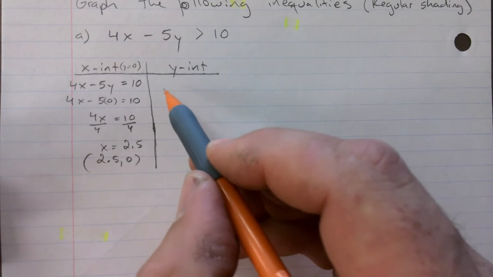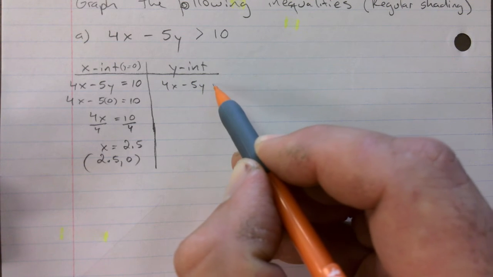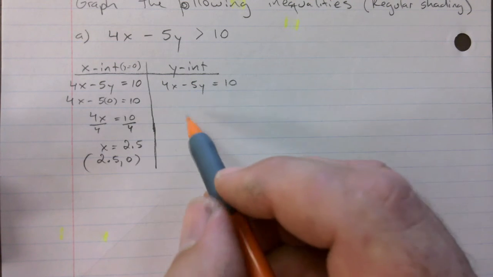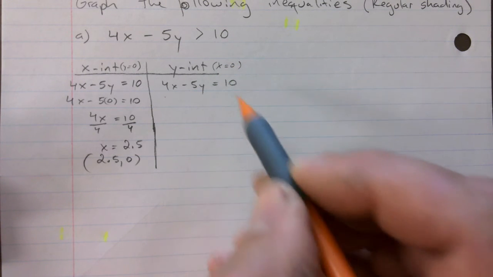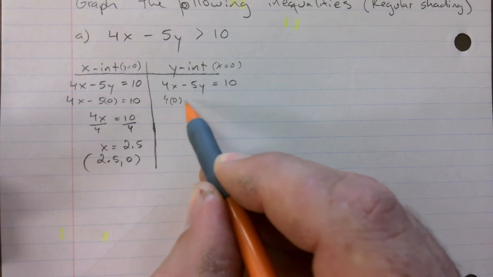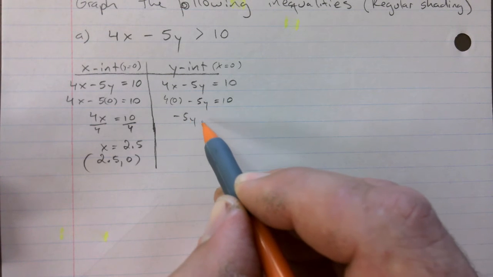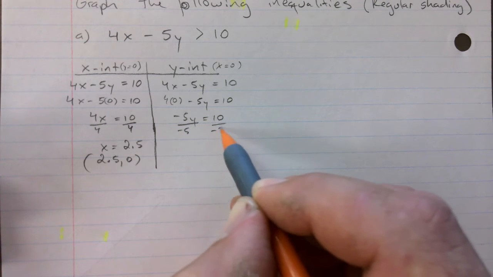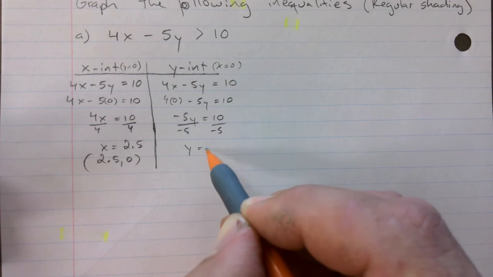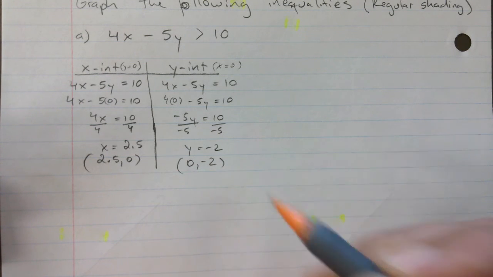The y-intercept will do the same thing. Because this is your first example, I'm actually writing it out completely. Later on, we won't be doing that. The x is equal to 0, right, at the y-intercept. So it's 4 times 0 minus 5y is equal to 10. Negative 5y is equal to 10. Divide both of them by negative 5. Y is equal to negative 2. So it's 0, negative 2.